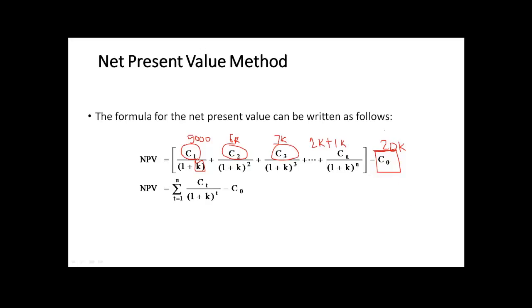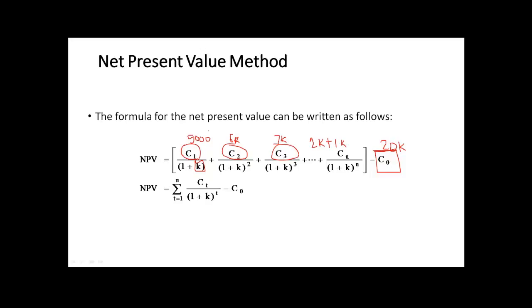So by investing rupees 20K, I am getting 21,000 as my return. Do you think this project is worth it for me? Because I am getting more than the amount that I have invested.